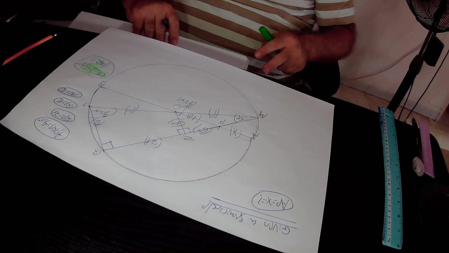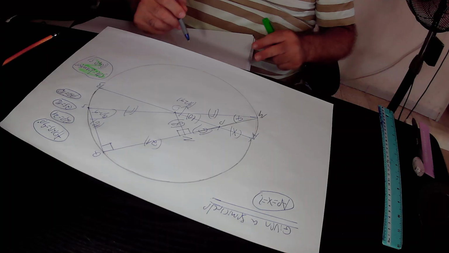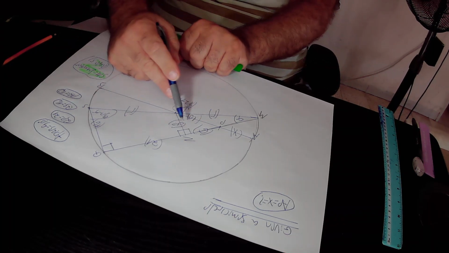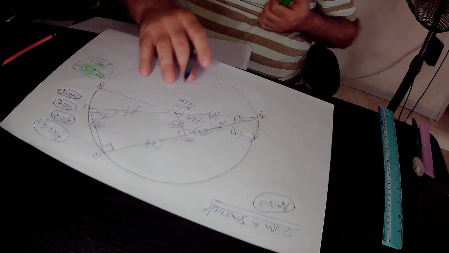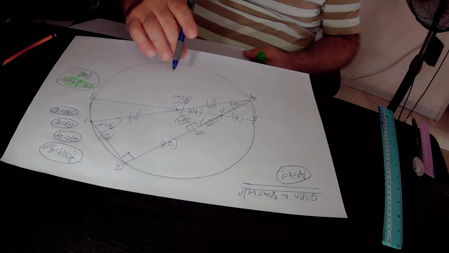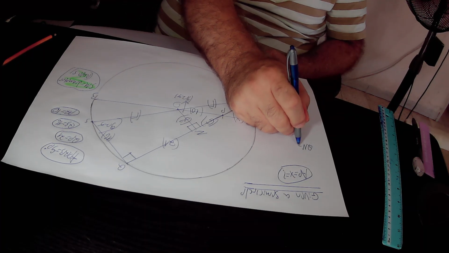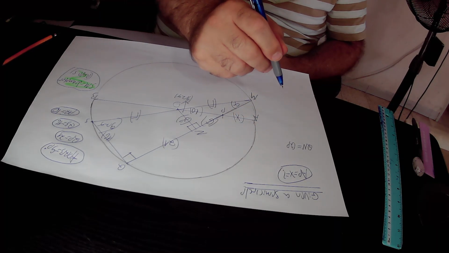For the moment, it is very easy to see that QN equals QP minus NP. So I write it down: the length of the missing side QN is equal to QP minus NP.